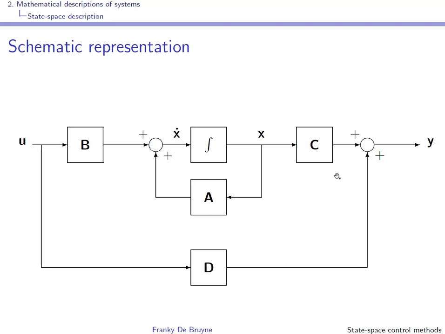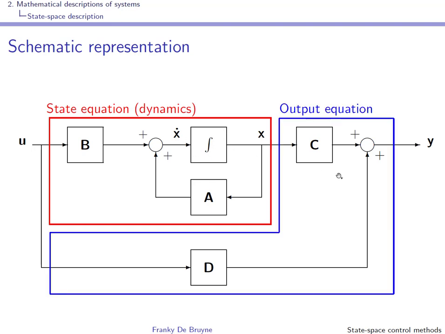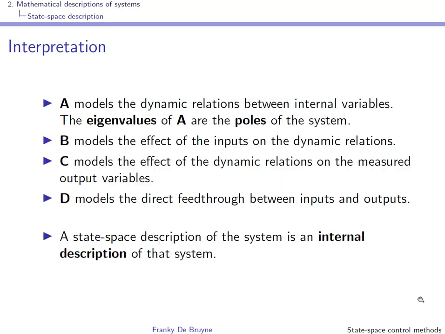And the output equation is y equals Cx plus Du. So here we have the state equation, and this is the equation where you have the dynamics. You can see it here because of the integrator, and the output equation is shown here in the blue frame.